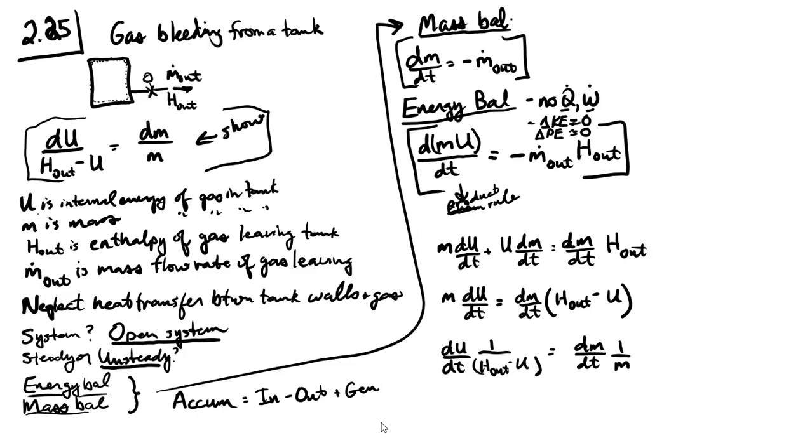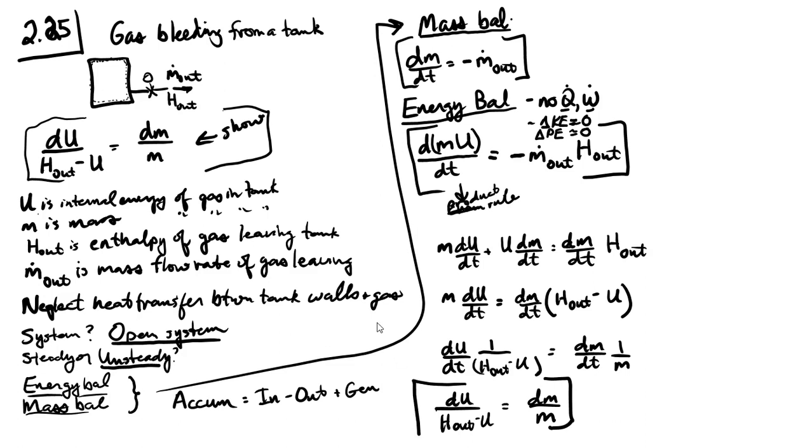And then we multiply through by dt, and we get du over h out minus u is equal to dm over m. And this is our answer. We got what we were supposed to get.